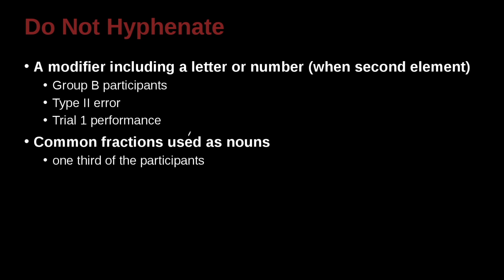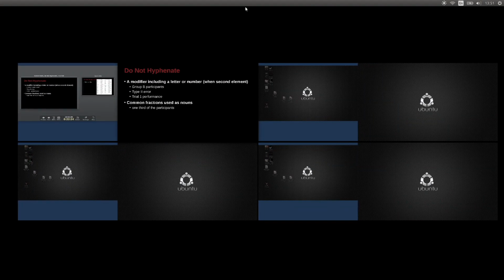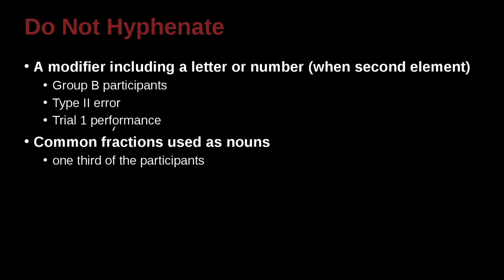Common fractions used as nouns, such as 1/3 of the participants. You might be tempted to go ahead and put the hyphen in here, but you should avoid that. Don't do that.